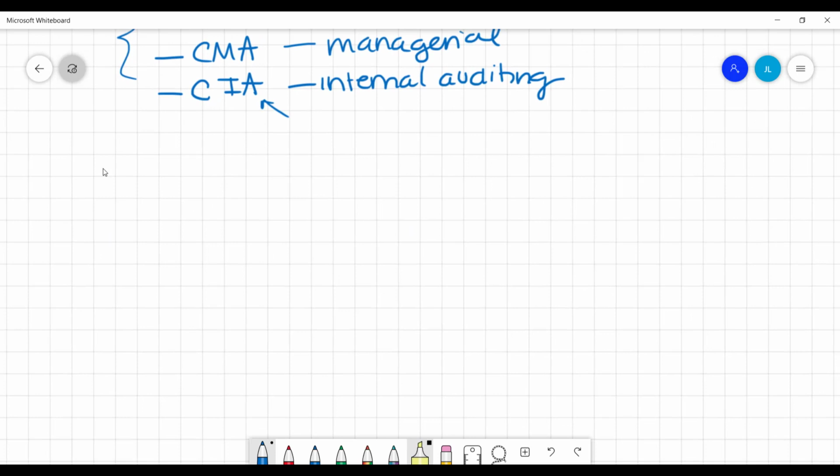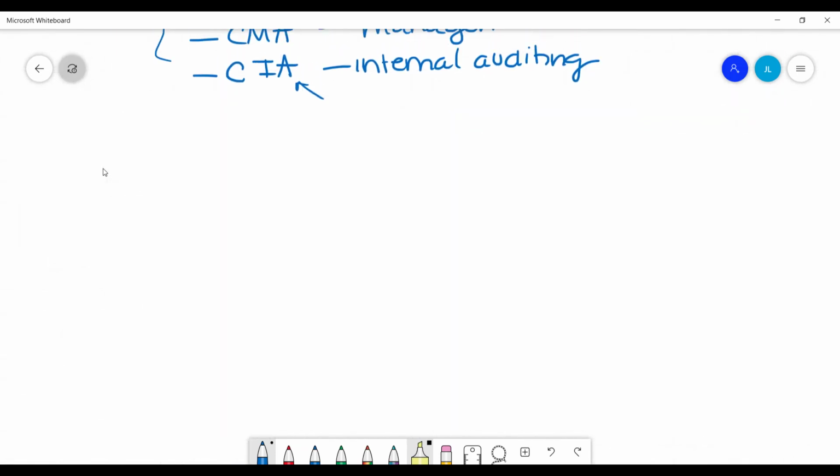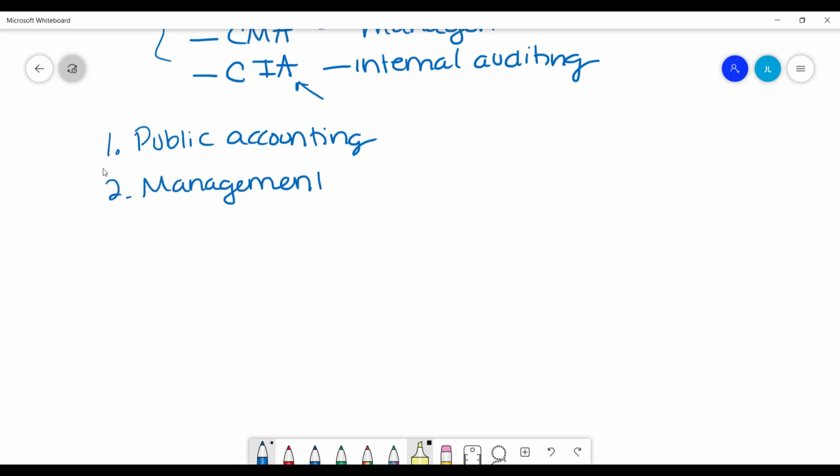So someone becomes an accountant, or they study accounting in college and they get a bachelor's degree in the subject. They usually have a lot of options in what direction they can go. Accountants can specialize in a bunch of different fields, but generally it is broken down into 4 main categories. You can decide to go into public accounting, which is basically the focus of our class this semester.